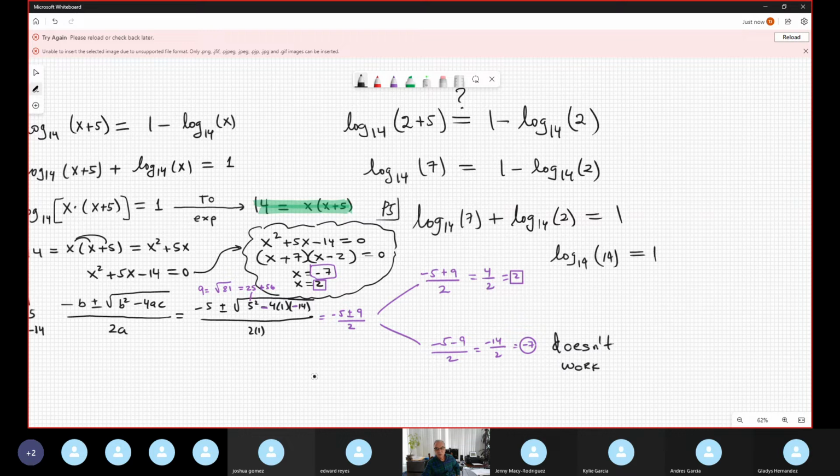Wow, fantastic. And apply property number 2: when the number in the base is the argument, it is 1, in this case 14. Okay, that is the answer. Therefore, the solution of this equation is 2. Solution set equal to.